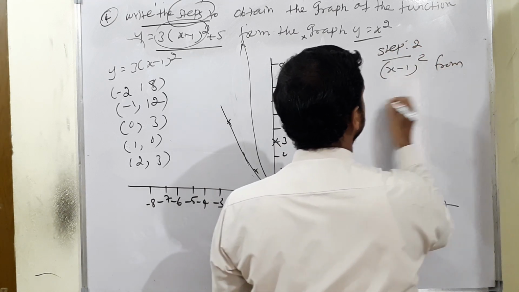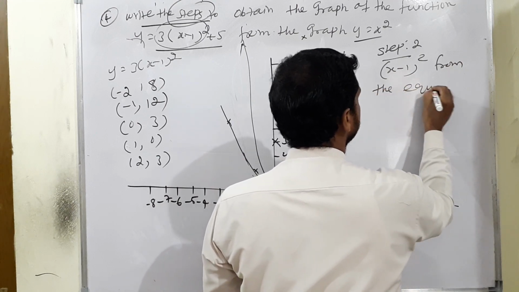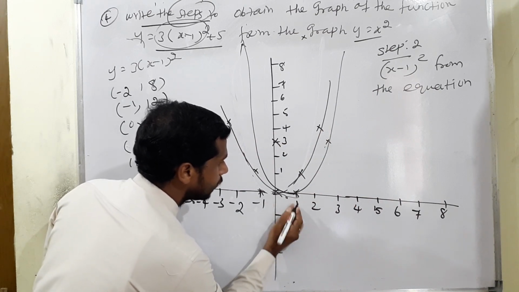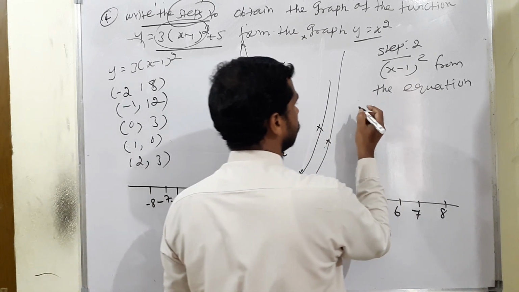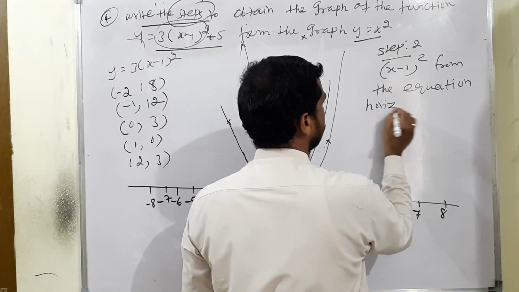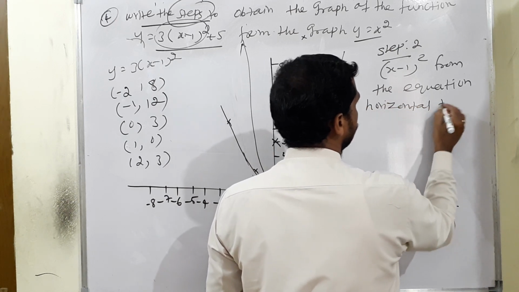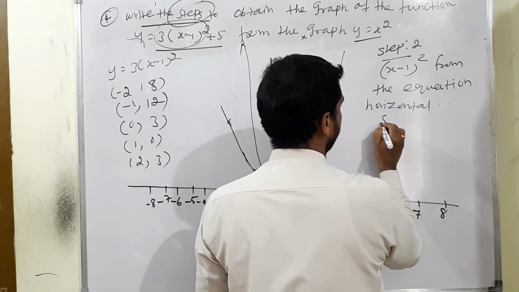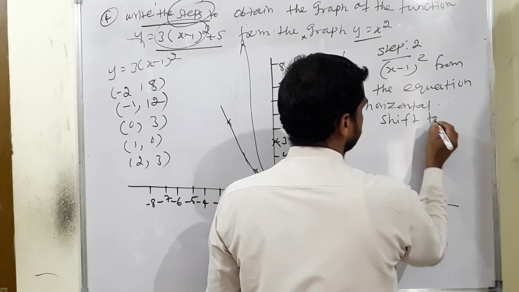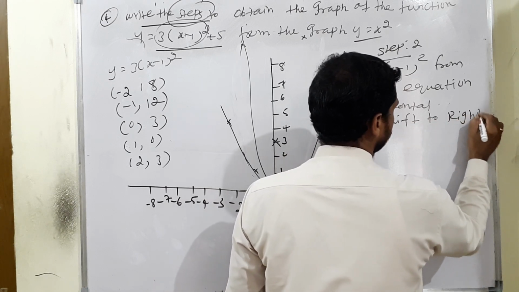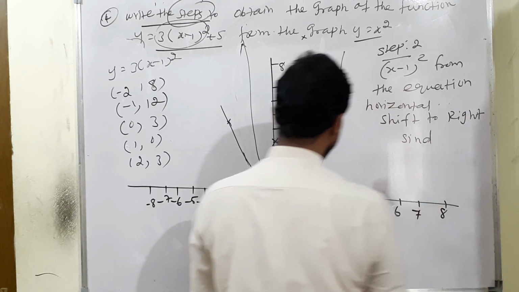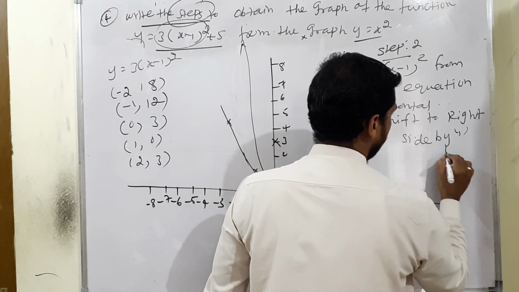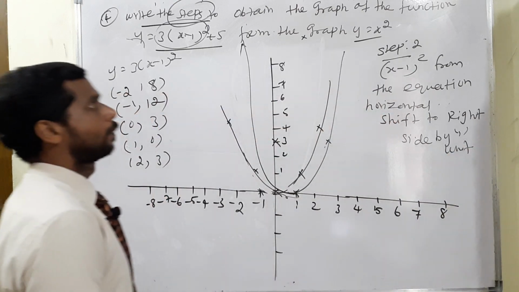From the equation, it shifts 1 unit horizontally, to the right side. By how many units? Only 1 unit. By 1 unit. This is step number 2.